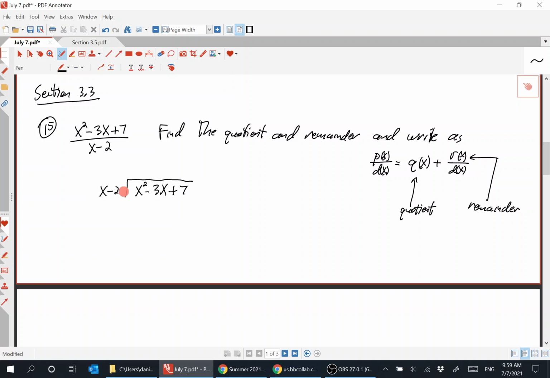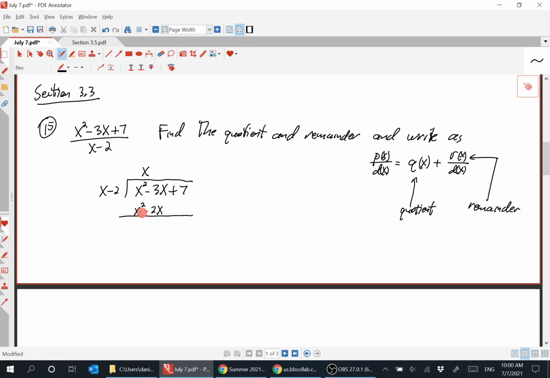You look at the leading term for each polynomial, and you want to multiply the divisor by something so that the leading term becomes x squared. That's just going to be x, and that's your first term in your quotient. So multiplying this by x, you have x squared minus 2x, and you want to subtract that from this.